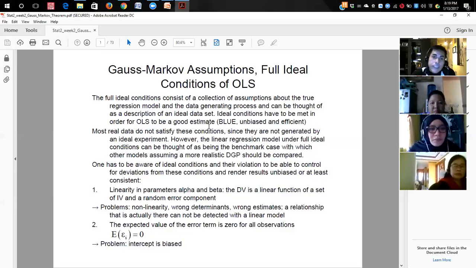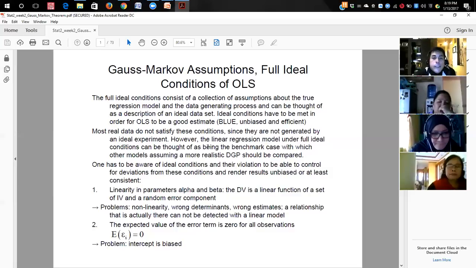Ideal is the theory that we are aiming for, and that's the theoretical framework where we base our measurement as well, represented by the mathematics of the Gauss-Markov assumptions.